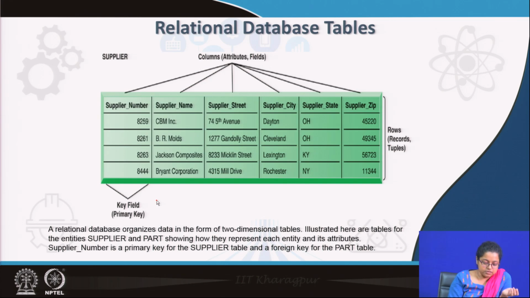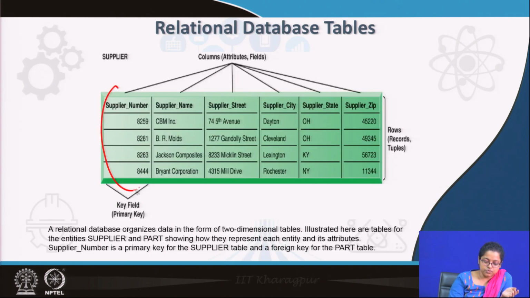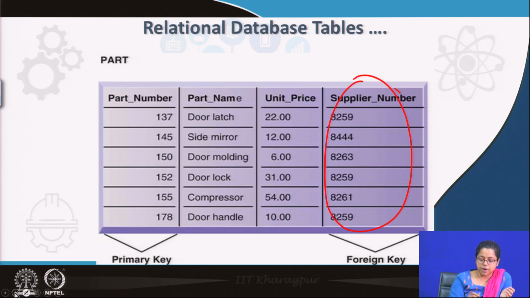Along with the supplier table, we also have another table called the parts table. The part table has information about different parts supplied by the suppliers. For the part table, part number is the unique identifier, therefore it is the primary key. And the attribute supplier number here is present in the previous table. There it was the primary key, in the parent table, the supplier. In the child table, the related table, that is part, supplier number is called a foreign key.